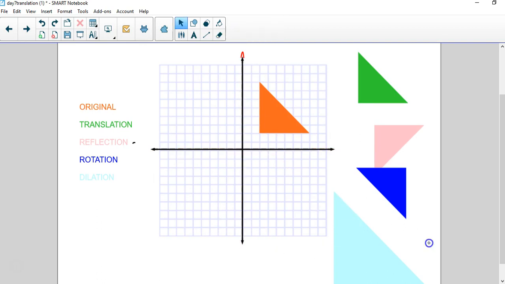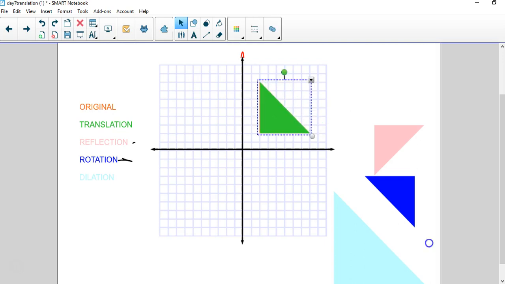And then we have a rotation right here in purple. So if we took it and rotated it like so, that's a rotation. So we can rotate around a point. And we'll learn how to do that.